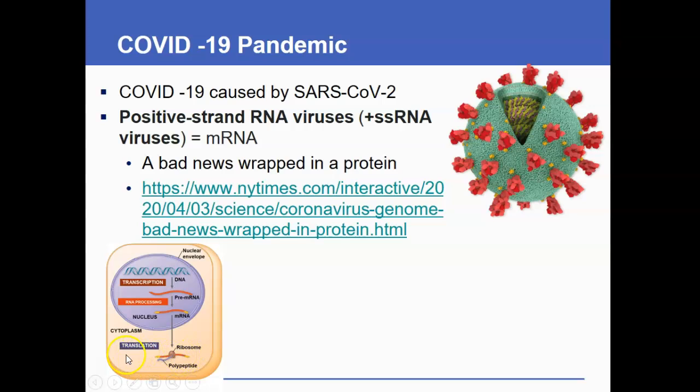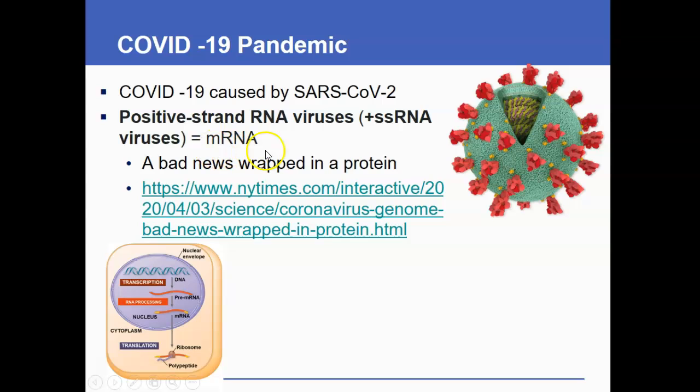We're instantly able to translate those viral proteins. Now, being a virus, it's been called bad news wrapped in a protein, because of course what a virus is going to do is enter a host cell, produce those viral proteins to make up the virus, and replicate its genome.